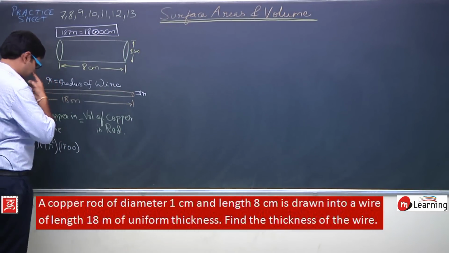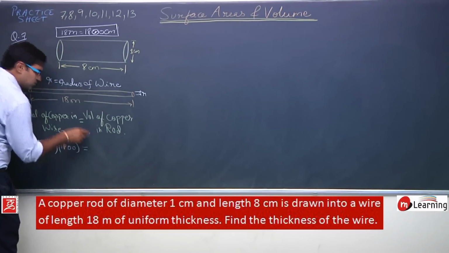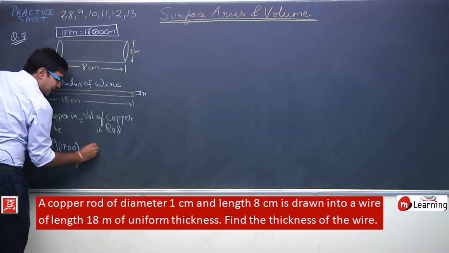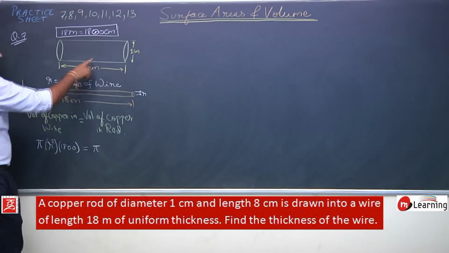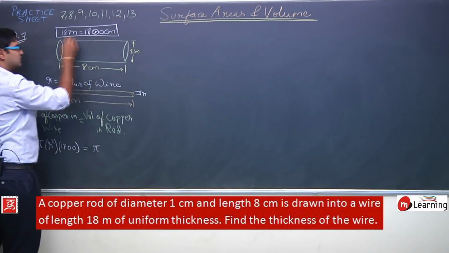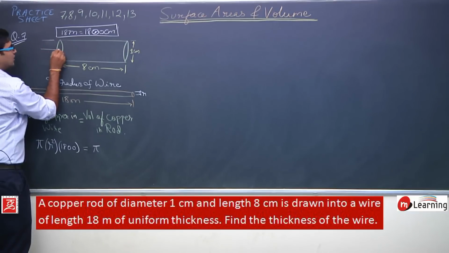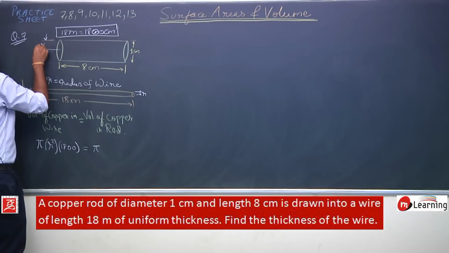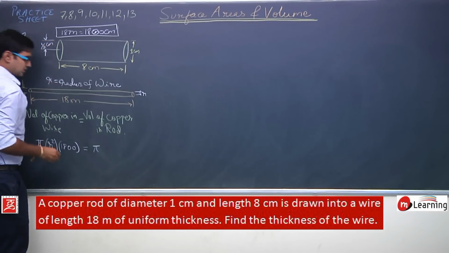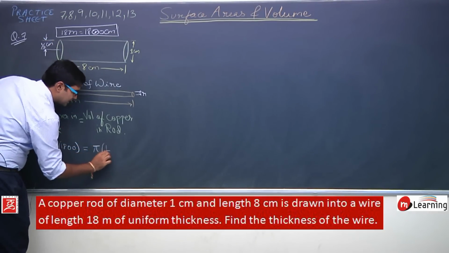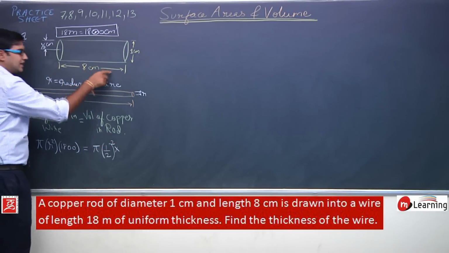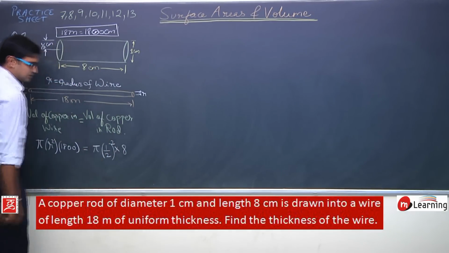Now further, this is equal to the volume of the copper rod. So the volume of this rod is pi r square h. What is the radius of this rod? The radius of this rod is half of the diameter, that is 1 by 2 centimeters. So pi into r square, that is pi into (1 upon 2) square into h. What is h? h is 8 centimeters.